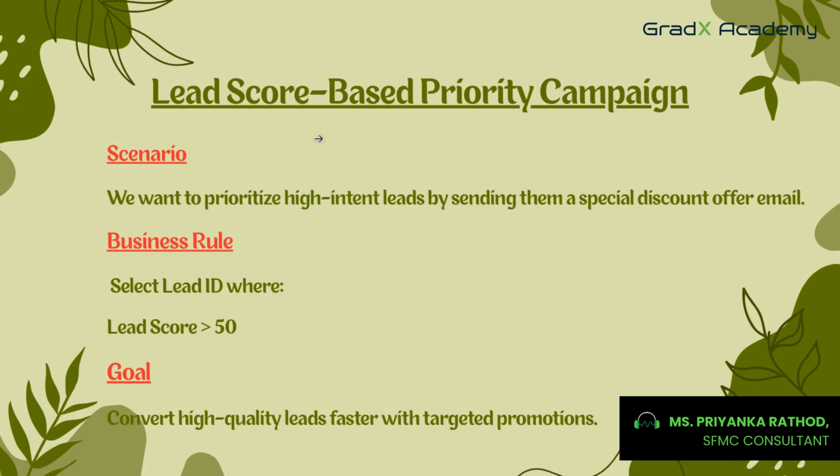Based on the lead score, that will be our filter criteria. For those lead IDs which have a lead score greater than 50, we'll collect those subscribers' details and send them a discount offer. So this is what we're going to do practically.